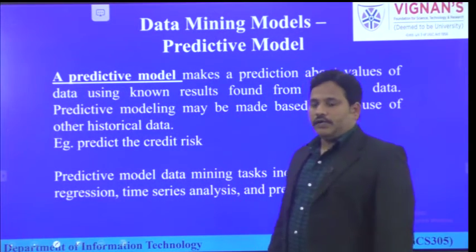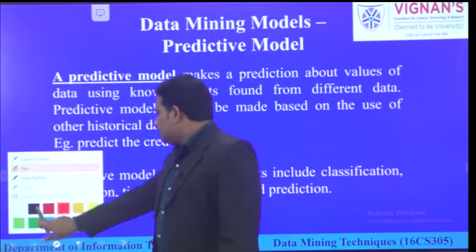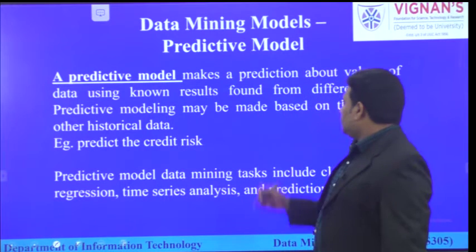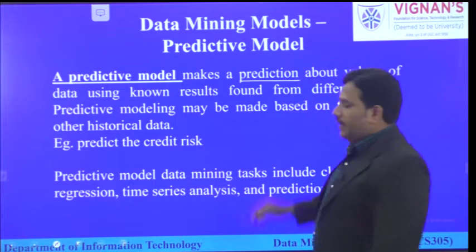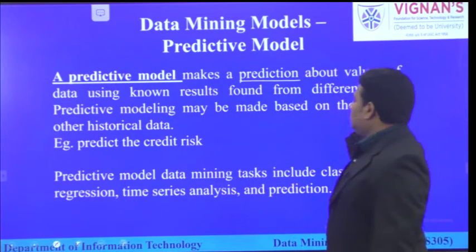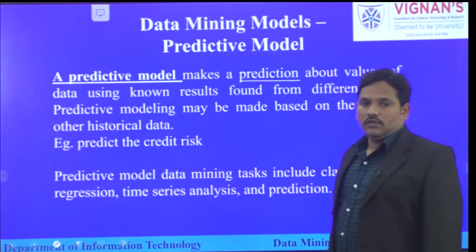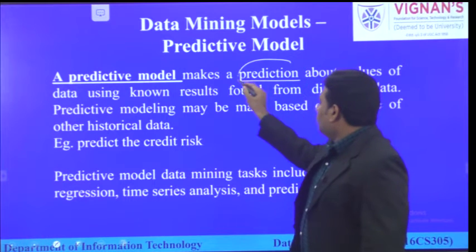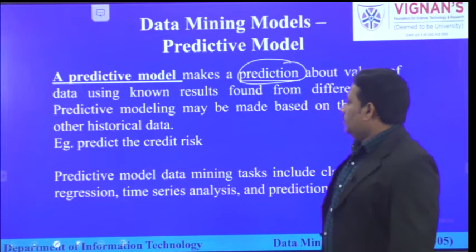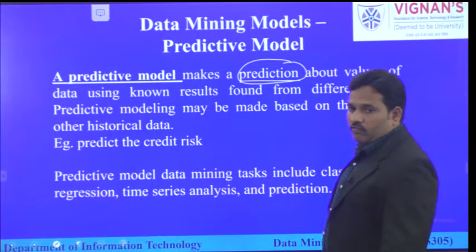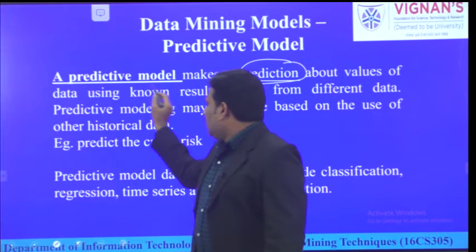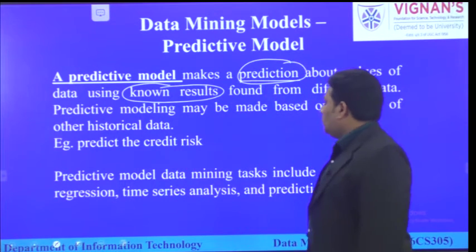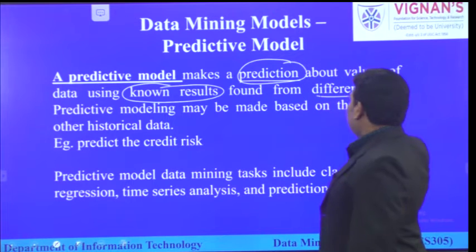What is predictive modeling here? A predictive model makes a prediction about the values of data using known results. Just concentrate here. Here we are trying to predict something. A predictive model makes a prediction about the values of data using some known results found from different data.